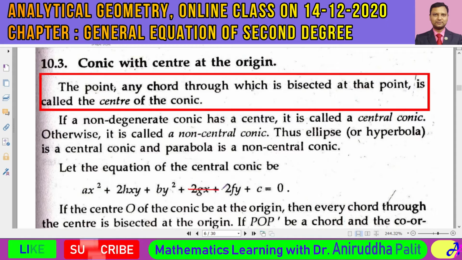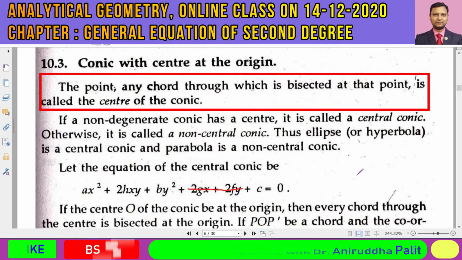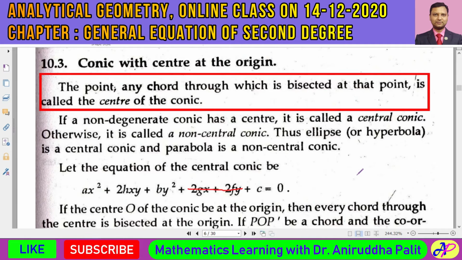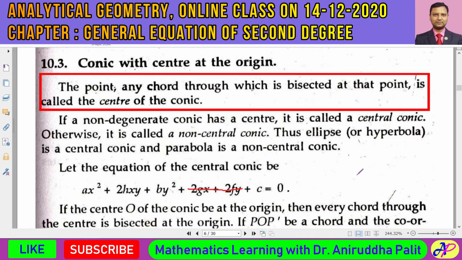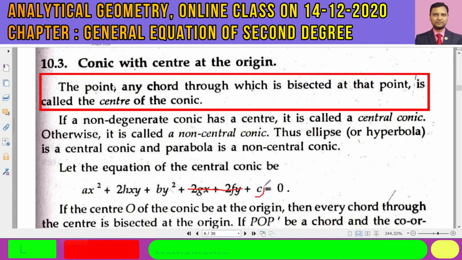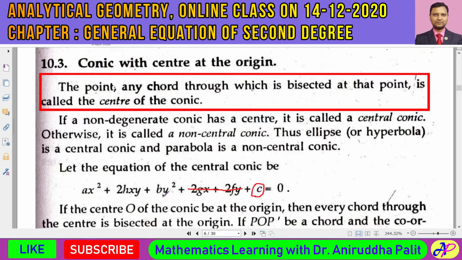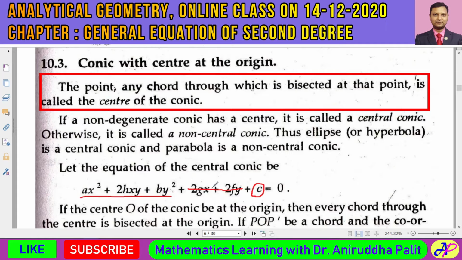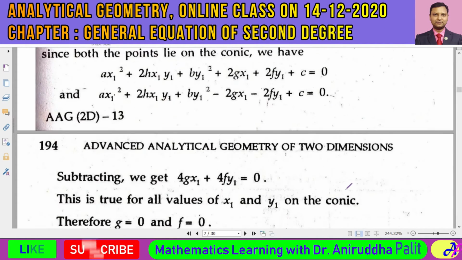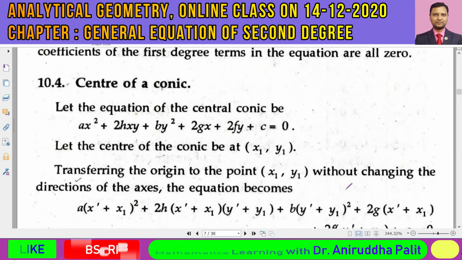So this kind of expression containing x and y would be absent if the general equation of second degree represents a conic having a center at the origin. Only this constant term would be there, and otherwise the purely second degree homogeneous expressions would be there in this equation. Terms containing x and y would be totally vanished. We proved all these results.